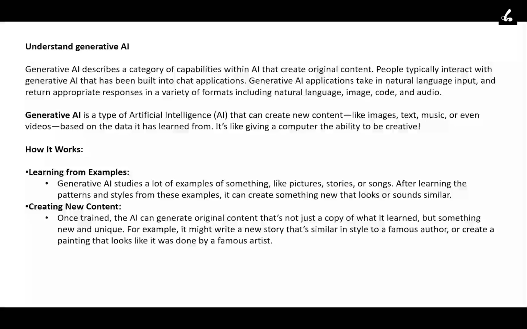For example, it might write a new story similar in style to a famous author, or create a painting that looks like it was done by a famous artist. It's just resembling their style, not copying the content they have.